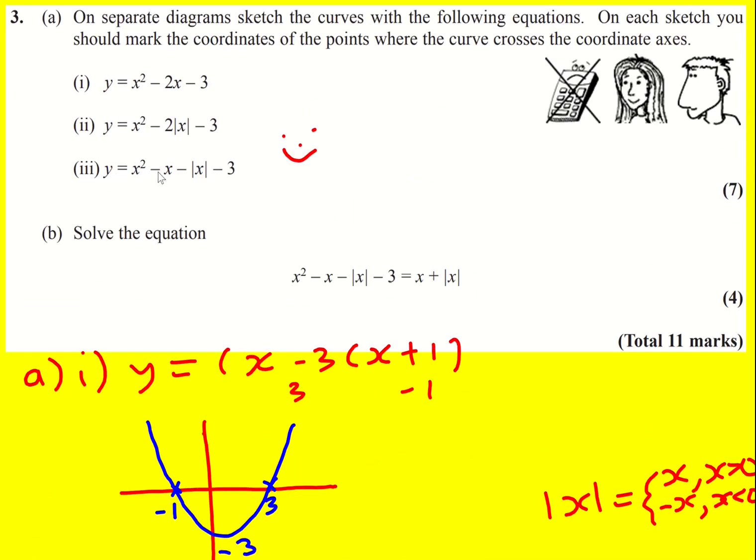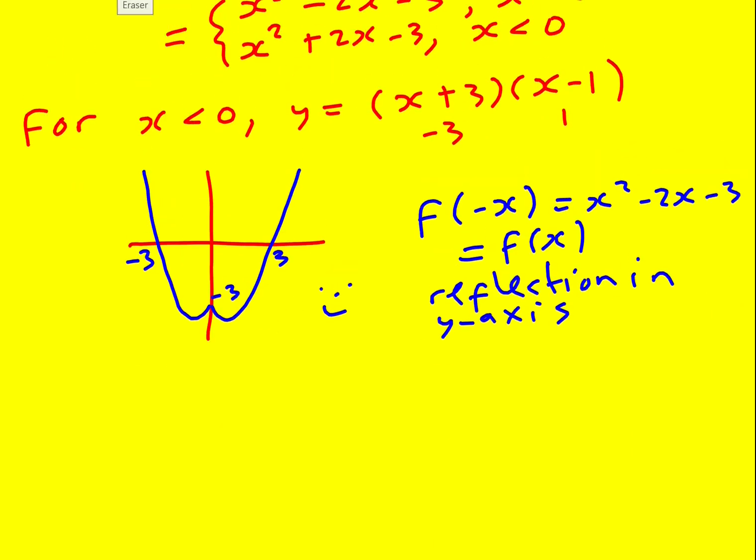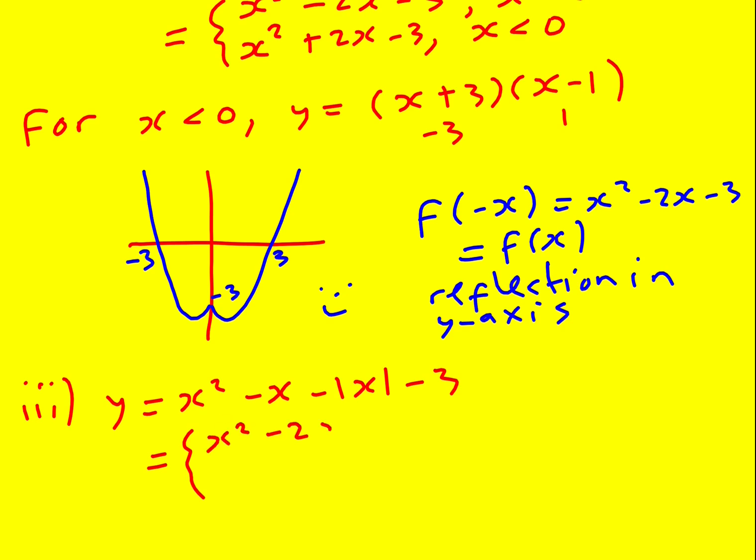Here we've got y equals x squared minus x minus the modulus of x minus 3. So again, I'm going to split it into its two parts. When x is positive, the modulus does nothing. We're going to get x squared minus 2x minus 3, which is the same again as before. So we can already see what that is going to look like.